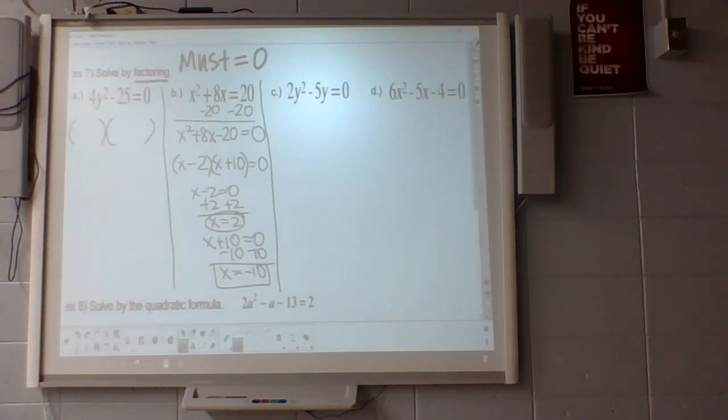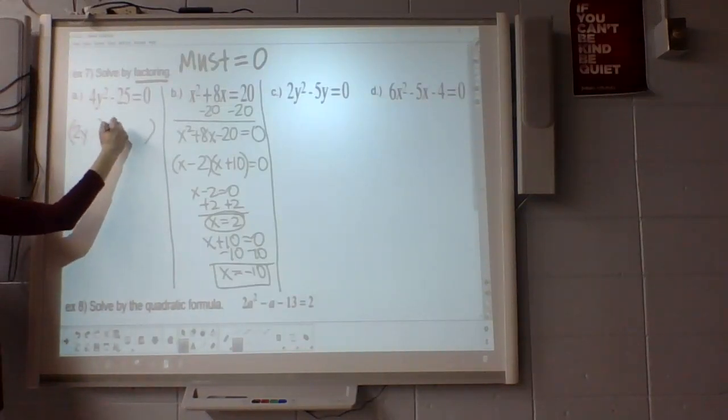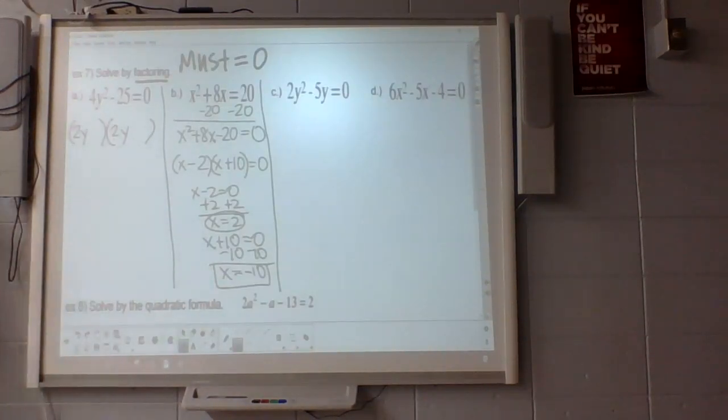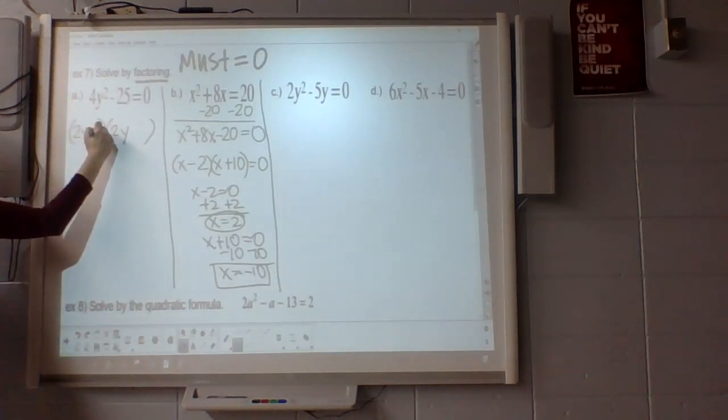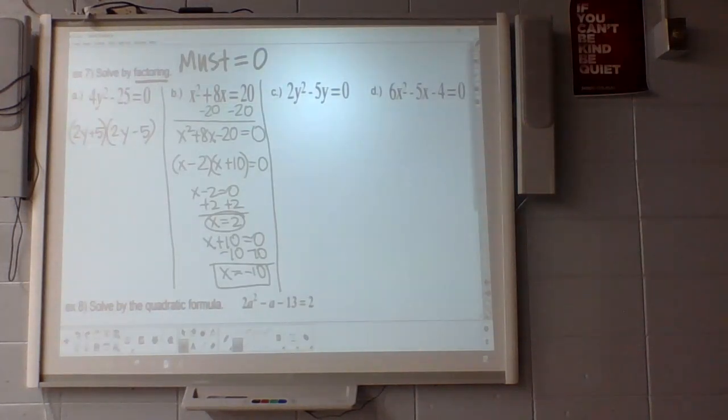Okay. So this is difference of squares. So 4y squared is 2y and 2y, plus minus 5. And then I want that middle term to cancel, so that's where the plus and minus 5 comes from. And it should equal 0. I just left that out. But then each of these factors can equal 0.